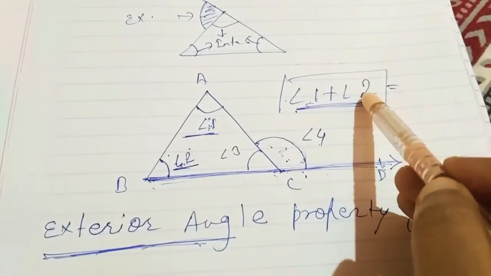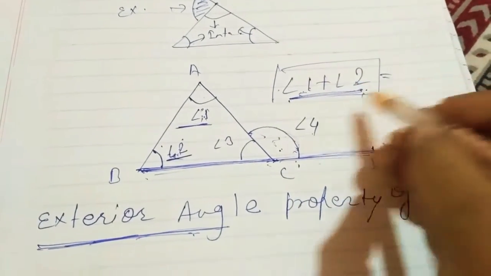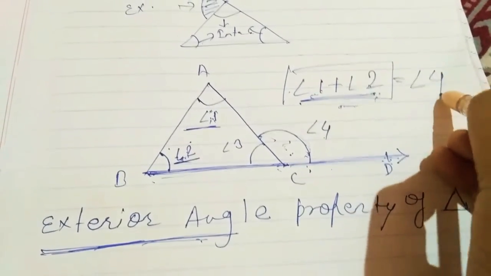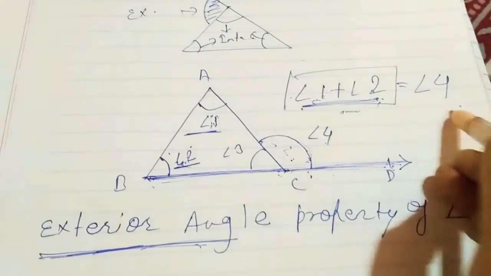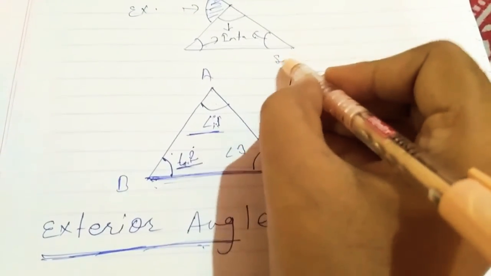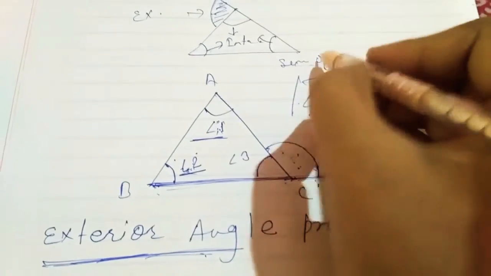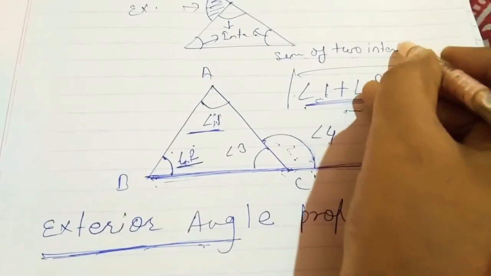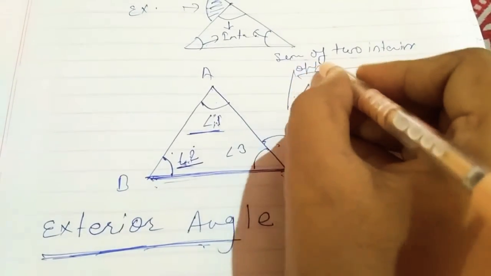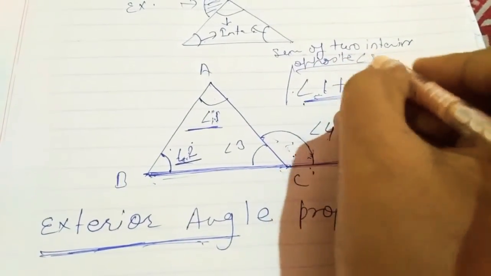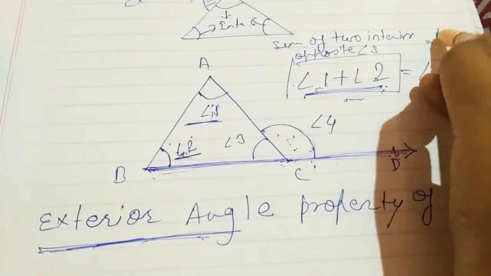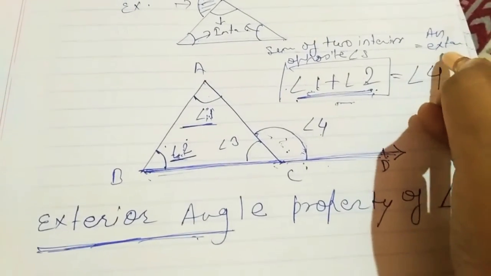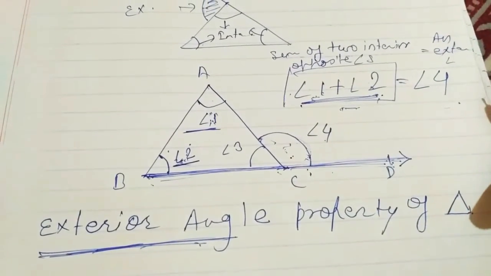So when you add these both angles, this measure is equal to the exterior angle. Okay, understood? So the sum of two interior opposite angles is equal to an exterior angle. Understood?